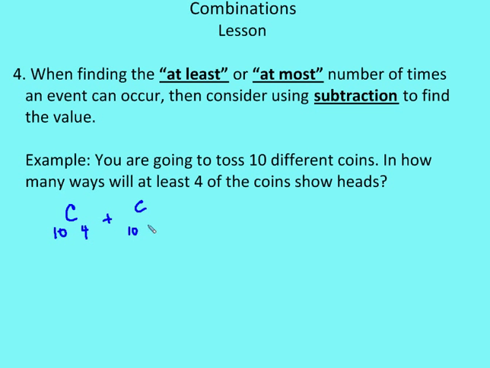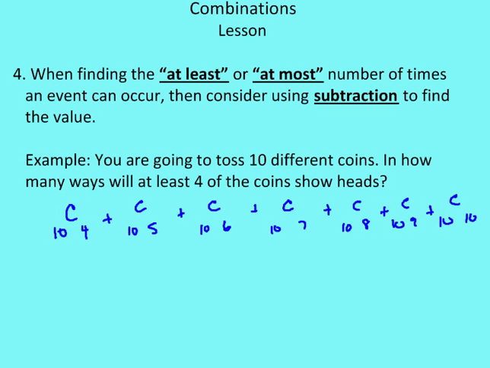Then I can add 10 coins, 5 that are heads, 10 coins, 6 that are heads, 10 coins, 7, 10 coins, 8 that are heads, plus 10 coins, 9 that are heads, 10 coins, all 10 are heads. I can add all these together, and I have 1, 2, 3, 4, 5, 6, 7 different combinations to calculate.